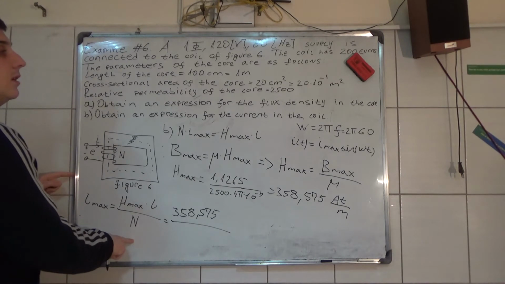Divided by the number of turns, that is 200.